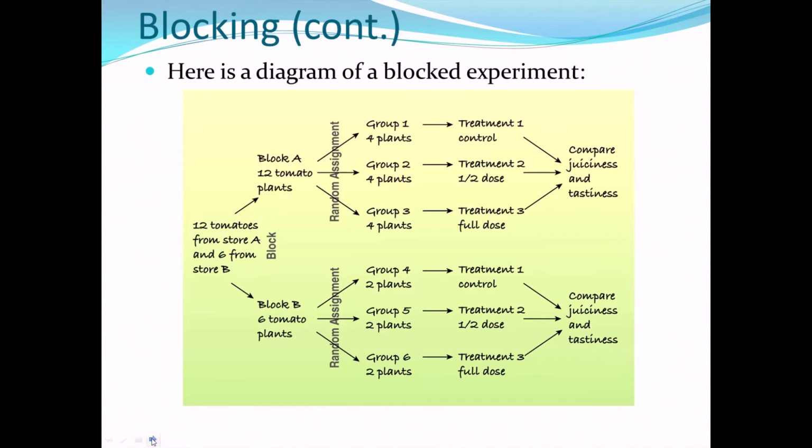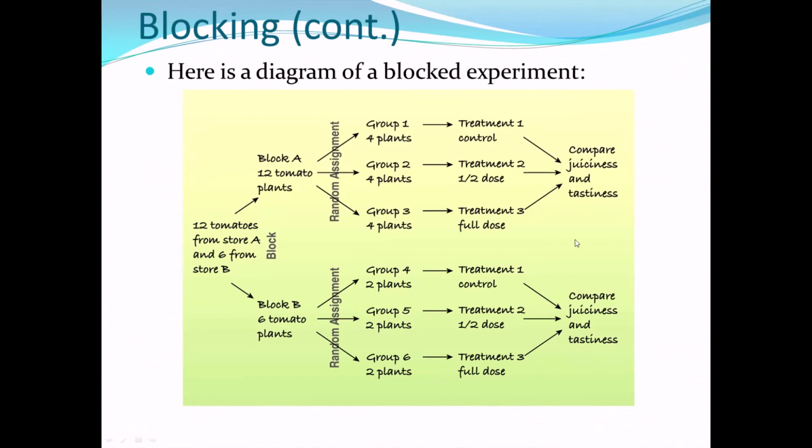So, because stores may vary in the care they give plants or in the sources of their seeds, the plants from either store are likely to be more like each other than they are to be like the plants from the other store. So when groups of experimental units are similar like that, it's often a good idea to gather them together into blocks. By blocking, we isolate the variability attributed to the differences between the blocks so that we can see the differences caused by treatments more clearly. All right? So it's a way to input some extra control.